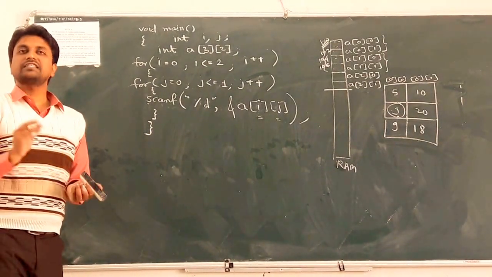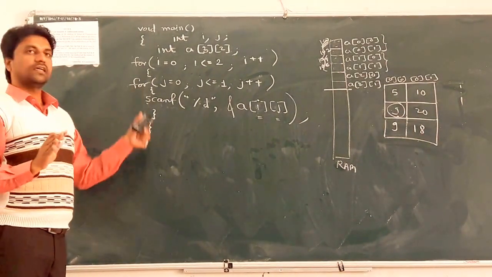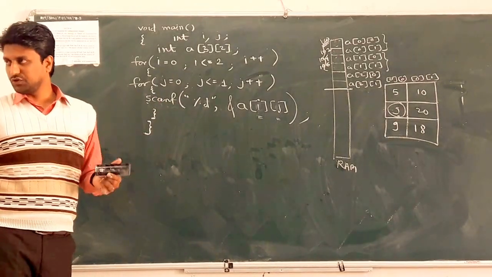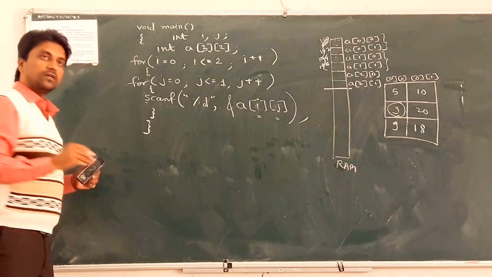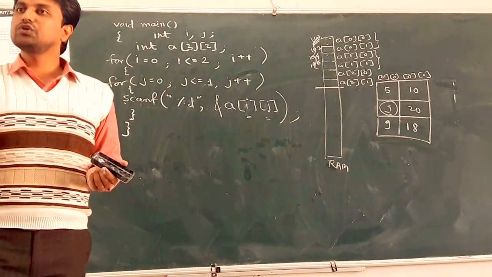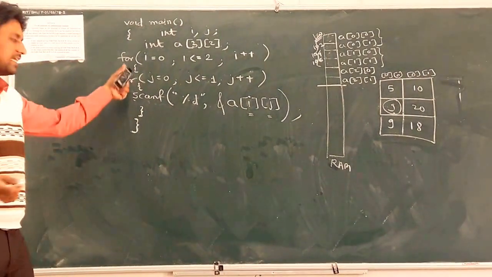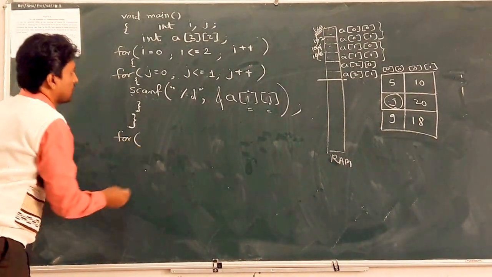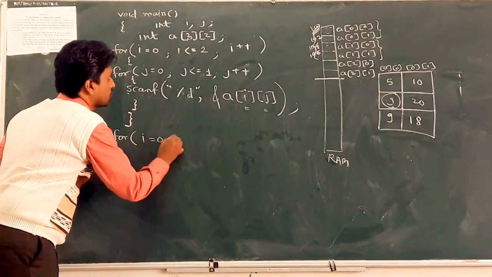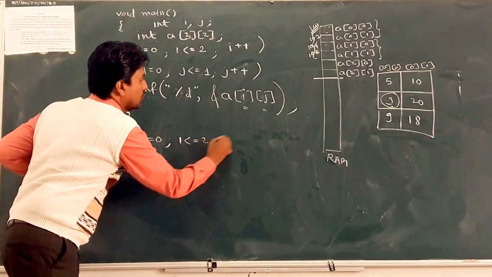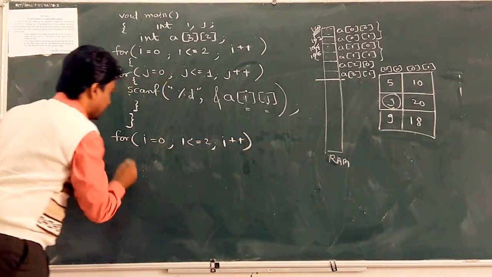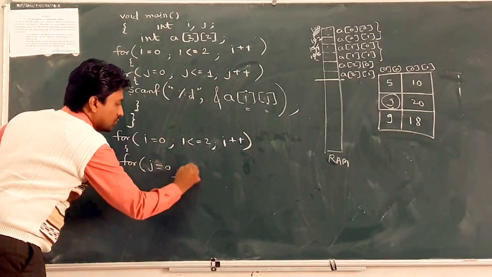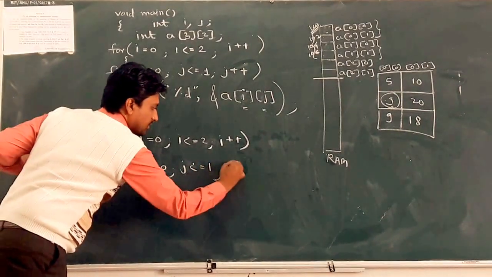Clear? The next step is to display the elements of the matrix on the console. For displaying, we again have to use two loops. That was for scanning; now for displaying, use two for loops again. For i equal to 0, i less than or equal to 2, i plus plus, same curly bracket. Then the inner for loop, j equal to 0, j less than or equal to 1, j plus plus.